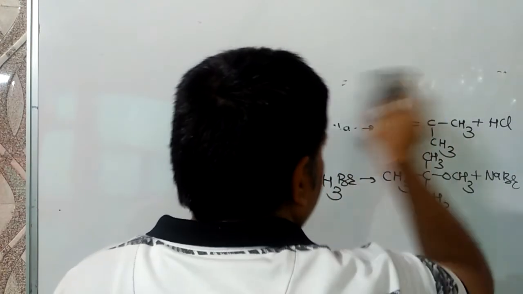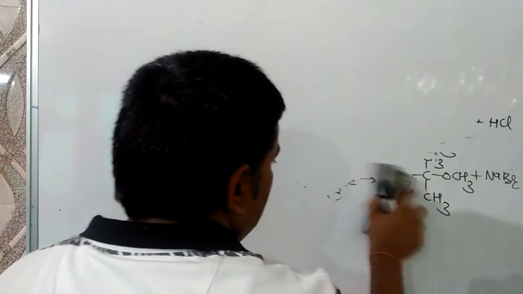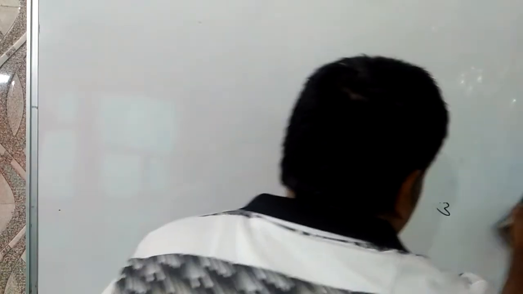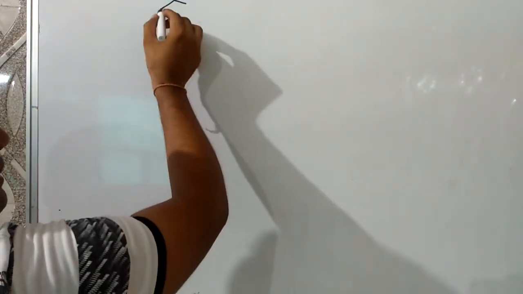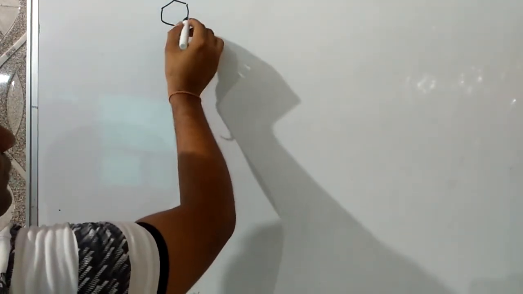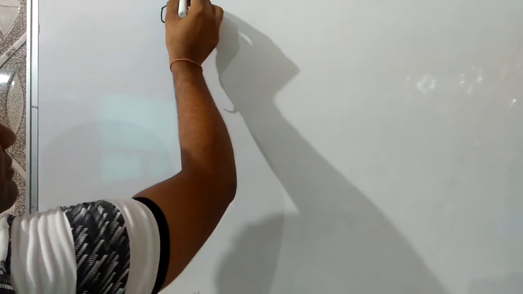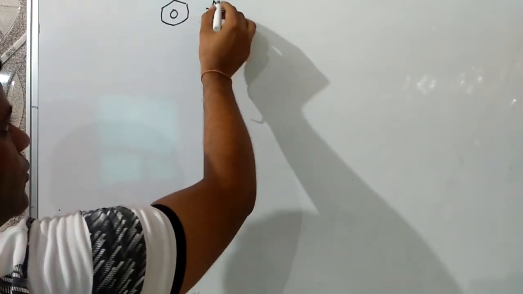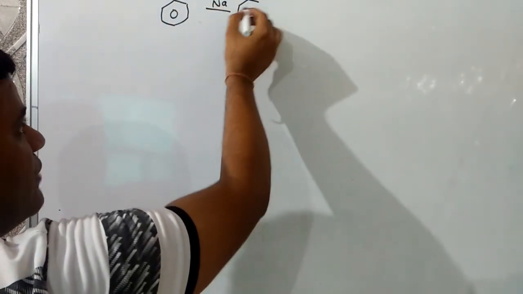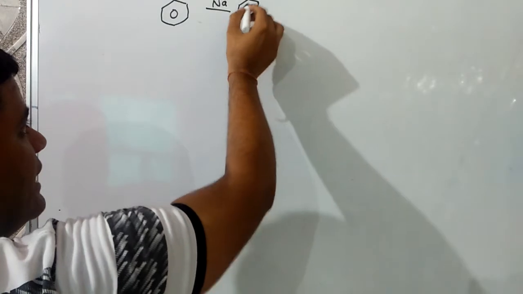The next one might be conversions. Convert phenol into anisole. First react sodium with phenol, and the product formed will be sodium phenoxide.